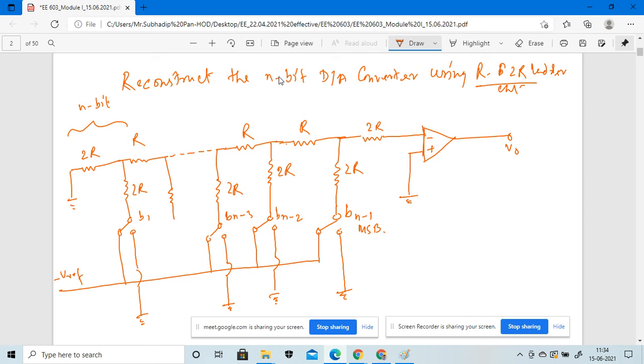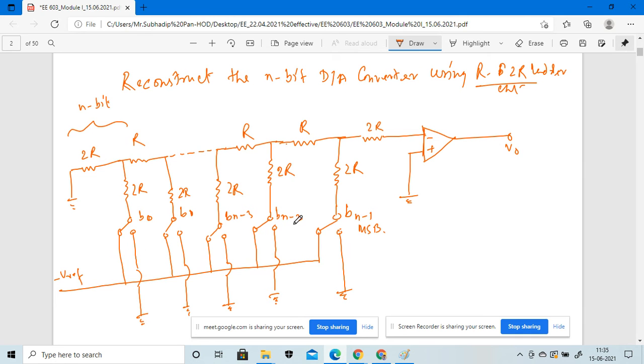Sorry, again we have to connect this 2R over here, because it is between R and 2R. So this will be my B1 and this should be my B0, obviously. That will be my reconstructed structure of an n bit D to A converter.